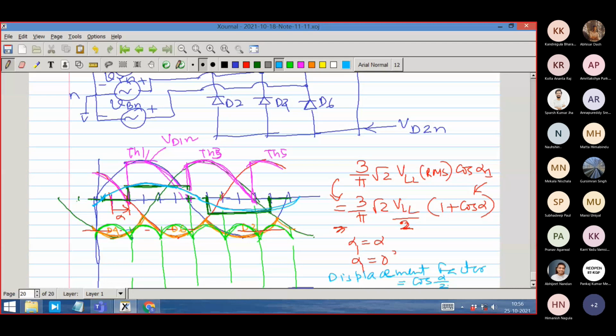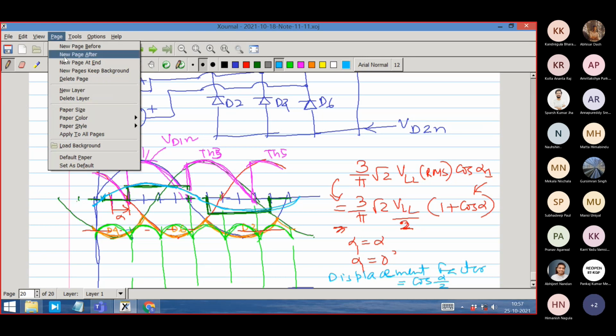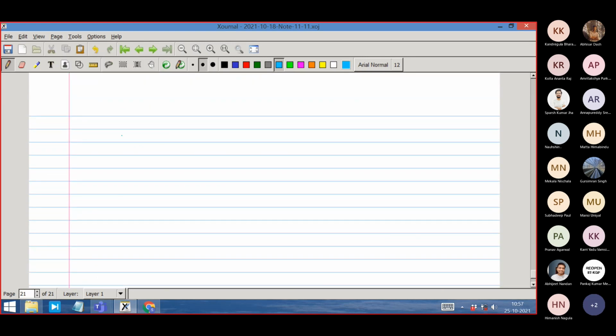I could start another topic, but I will start it in Wednesday's class. I will teach only one thing now, the commutation drop that will affect the output voltage. So far I have not taken any commutation into account, so in the next class I will teach that. The line side has some inductors, commutating inductors, which are undesirable inductors.